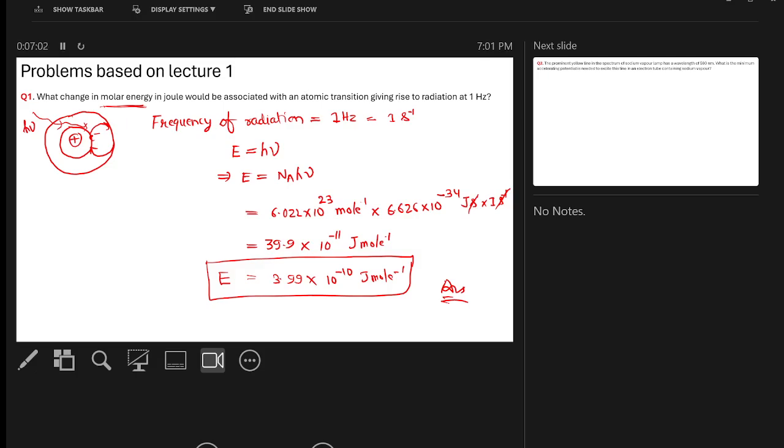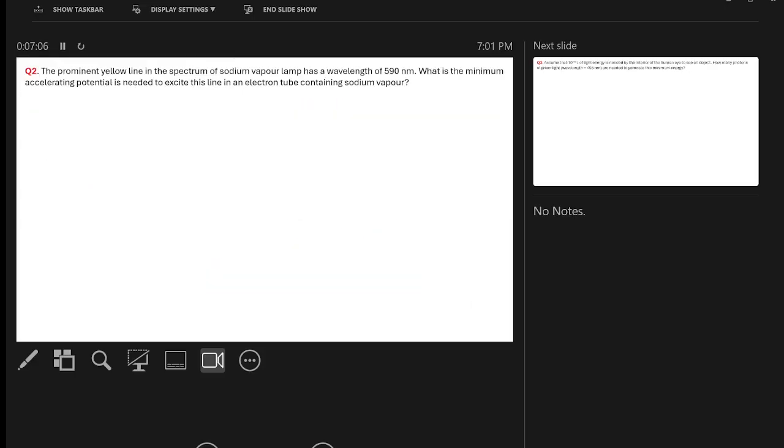Now let's come to the next problem. The prominent yellow line in the spectrum of a sodium vapor lamp has a wavelength of 590 nanometer. What is the minimum accelerating potential needed to excite this line in an electron tube containing sodium vapor?